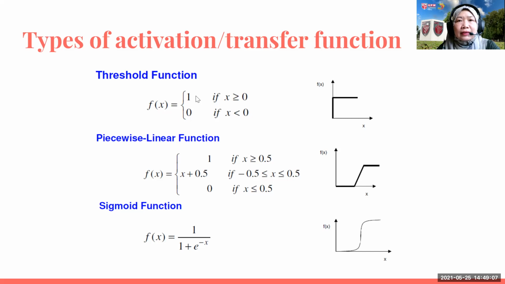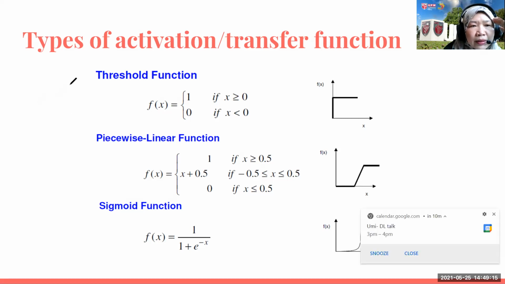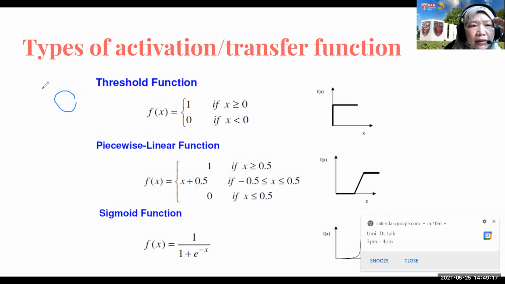You remember our neuron, so let's say this is x1, x2, input 1, input 2, with weight 1 and weight 2.